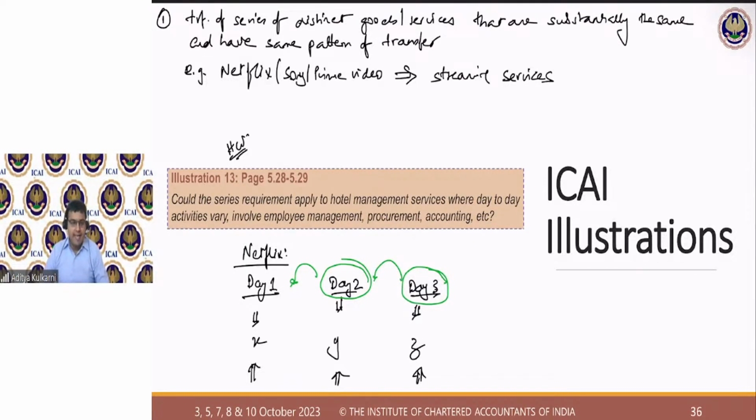It is like saying 20 kg basmati rice given on day 1, 20 kg basmati rice on day 2, 20 kg on day 3, 20 kg on day 31. That means distinct goods and or services are given on each of the days. But it is not visible to us because the services are the same. And therefore, this is a promise to give the same services in a series fashion.